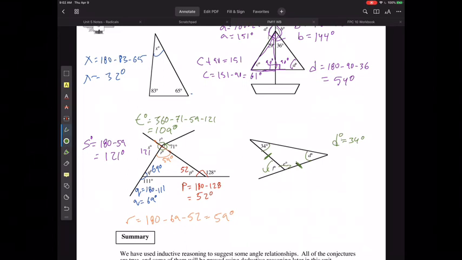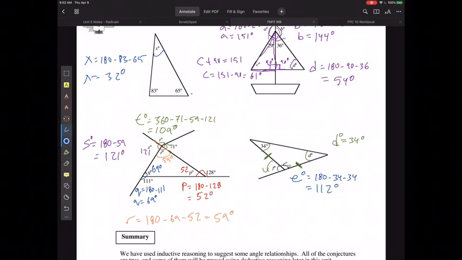Angle E plus D, which is 34, plus 34 have to make up all the angles of a triangle. So I can restate that as E is equal to 180 minus 34 minus 34. Angle E is going to be 112 degrees.